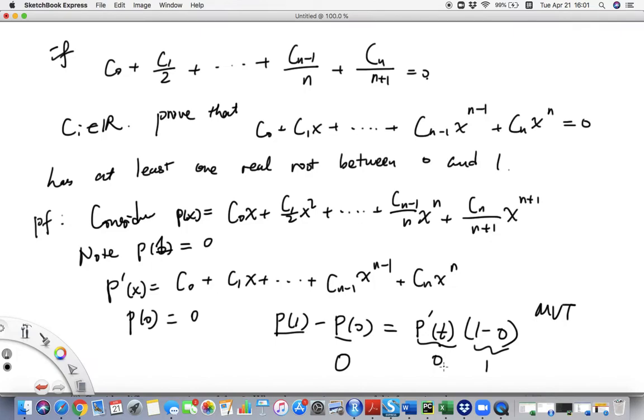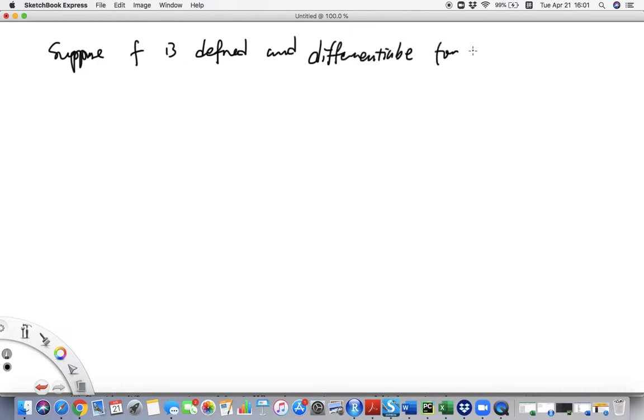Okay. Next, suppose f is defined and differentiable for every x greater than 0, and f prime of x goes to 0 as x goes to infinity.